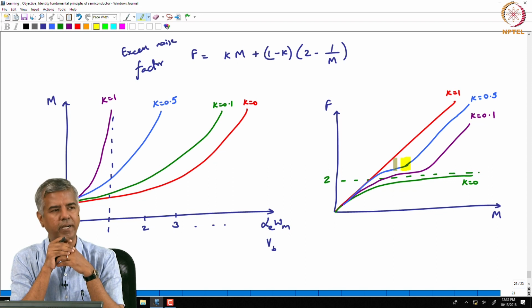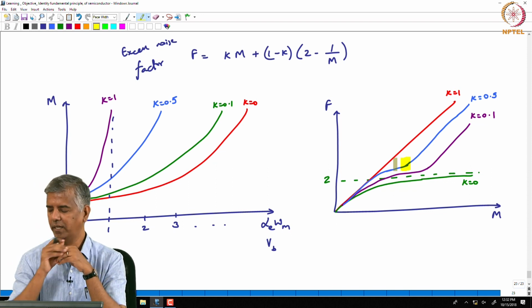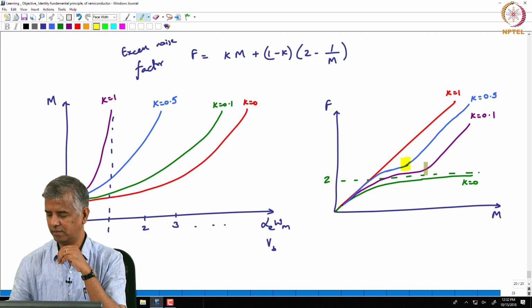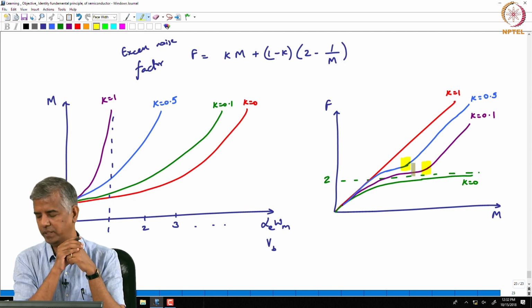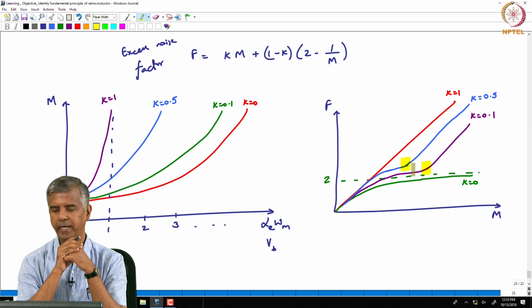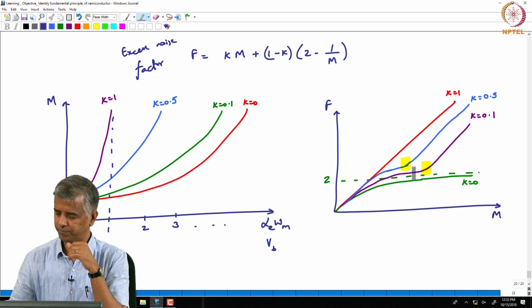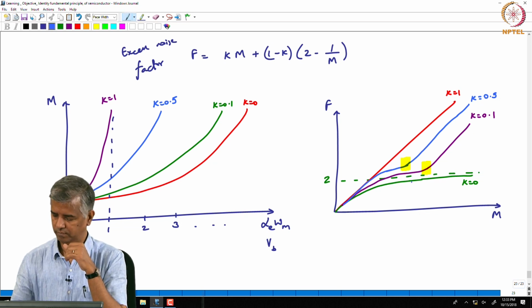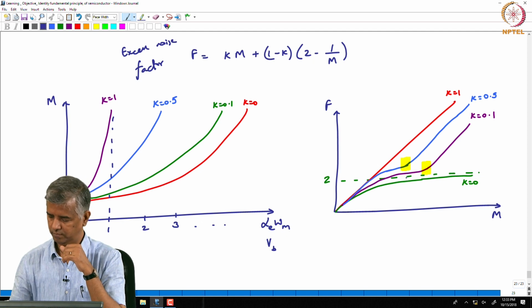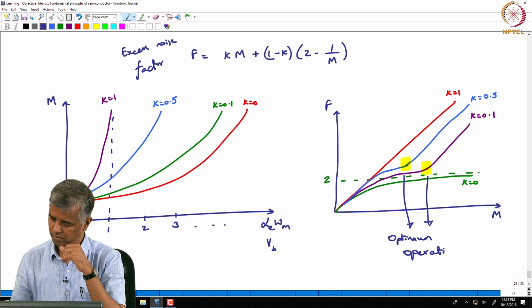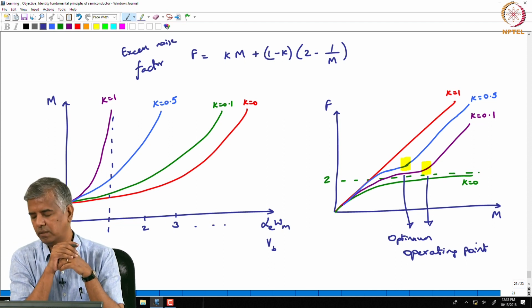So, that would be my operating point for indium gallium arsenide, and for silicon somewhere over there. So, these will be my optimum operating point, right.